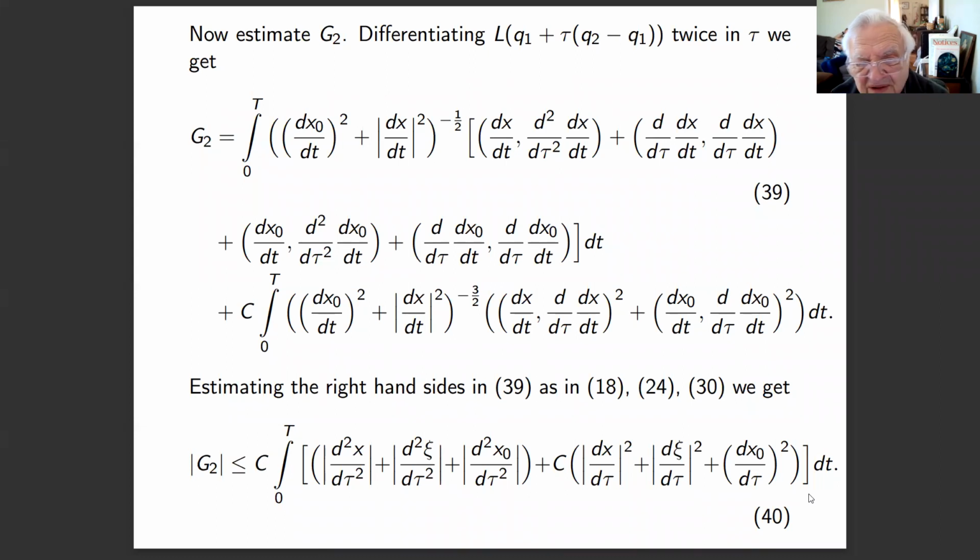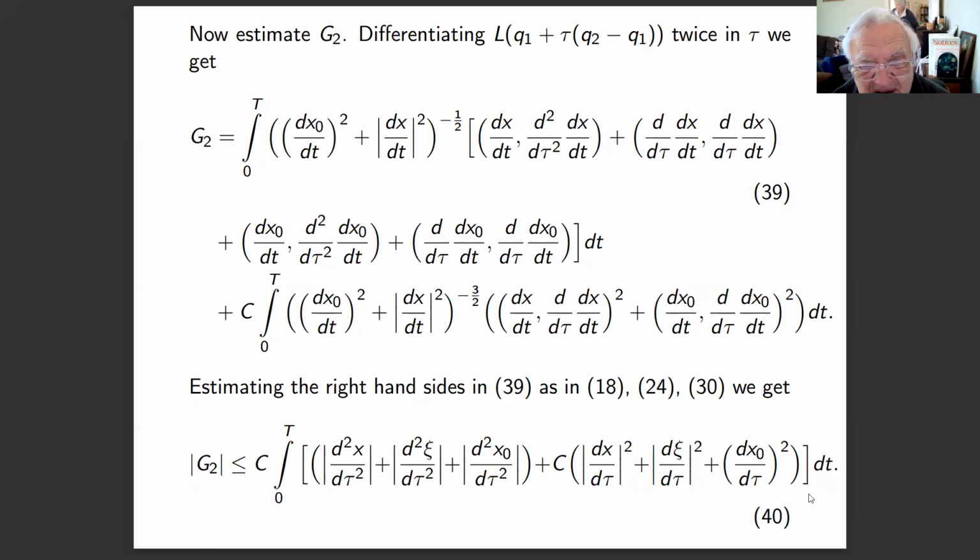But look, the last sum is a square, and the first sum may have second derivatives of x and x0.